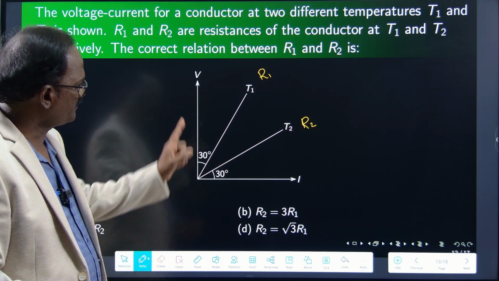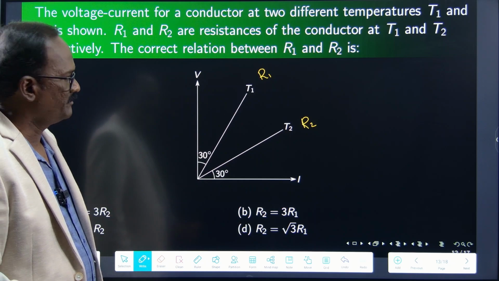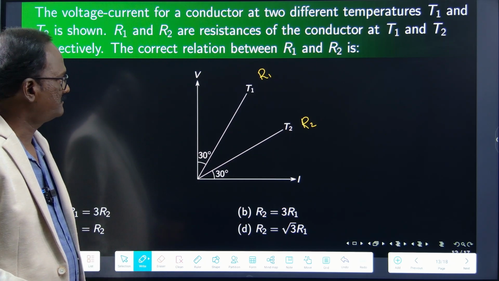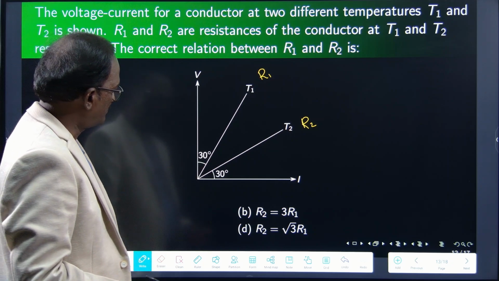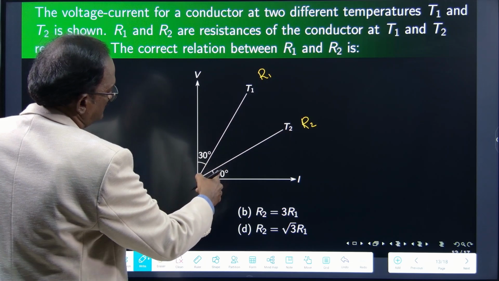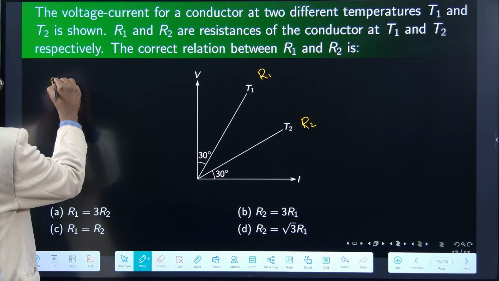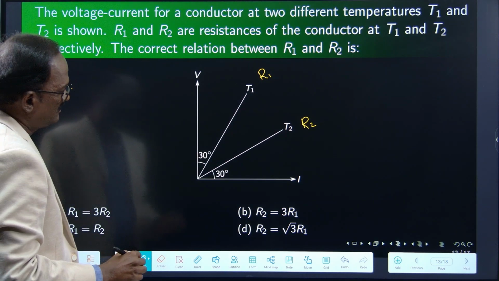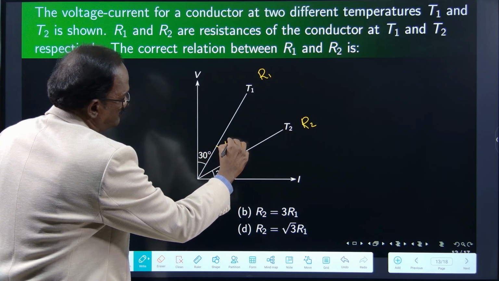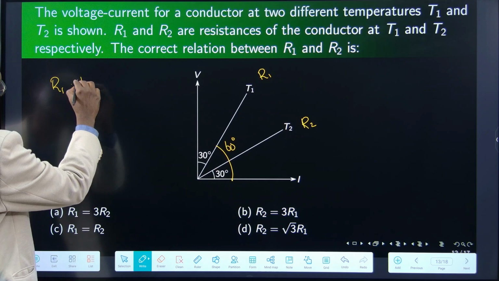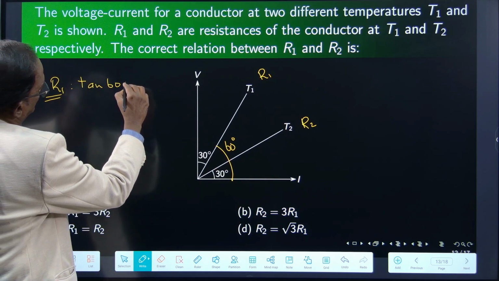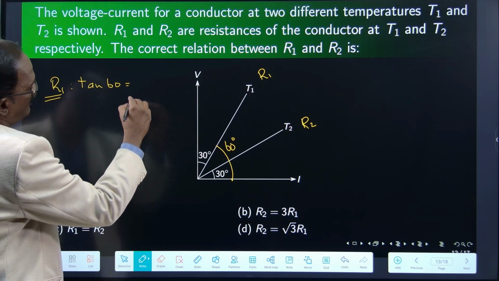Again we have to find the slope and make the relationship between R1 and R2. Right? The angle is given. So for the slope, tan angle for R1, if it is 30, then this will be 60 degree. I will write tan 60. For R1, tan 60 is equal to root 3.